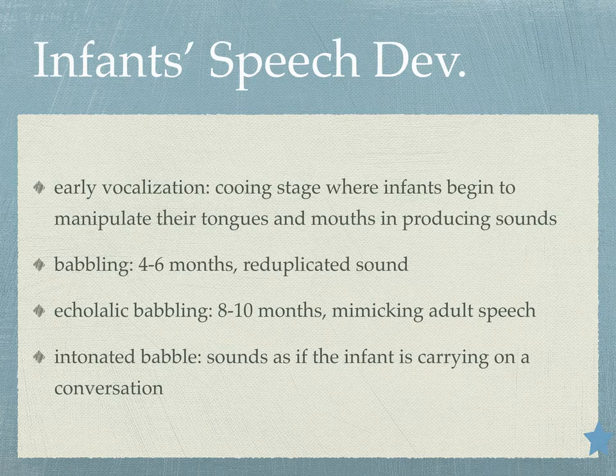From cooing, we move to babbling. At 4 to 6 months, they are reduplicating those sounds. They are trying to mimic us. Before 6 months of age, children who are deaf have the same speech abilities, but around that 6 months mark, their vocalization decreases.